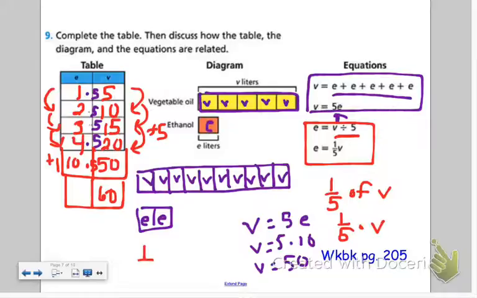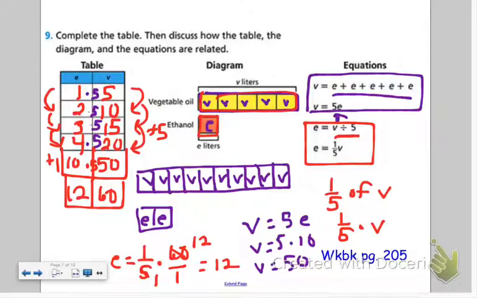Well, I could do 1/5 times 60 to figure out how much ethanol that would be. I can cancel if I wanted. Let's see, I think I'm going to cancel, and that's going to give me 12. So you could just divide by 5 and work backwards, or think, oh, okay, the amount of ethanol is 1/5, right? 1 of the 5, 1/5 of the vegetable oil.